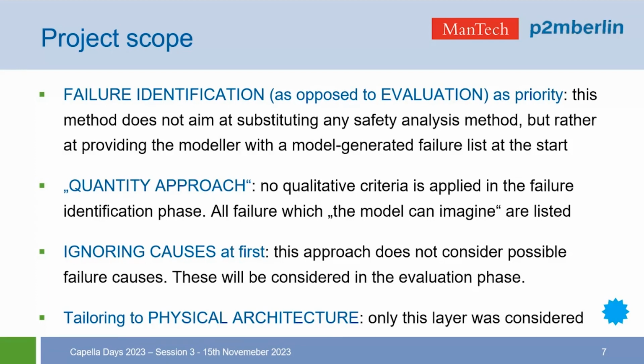We are just listing all the possible failures that can be identified by simply looking at the model, and not having any qualitative evaluation at this first step. Also, we don't consider failure causes at all during this phase, because this would decrease the number of failures we would find.